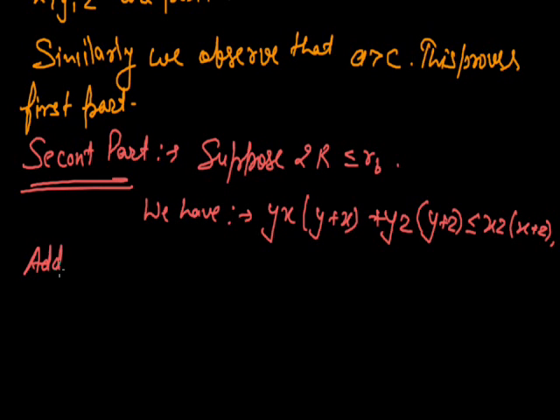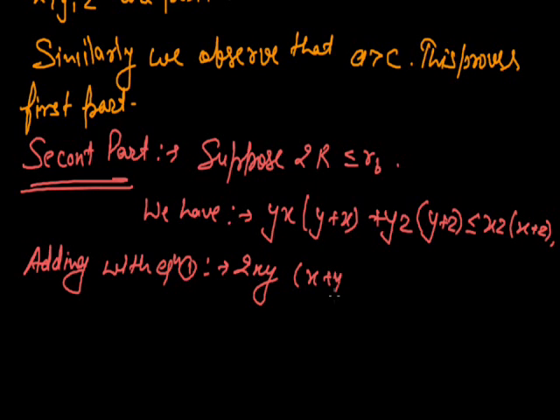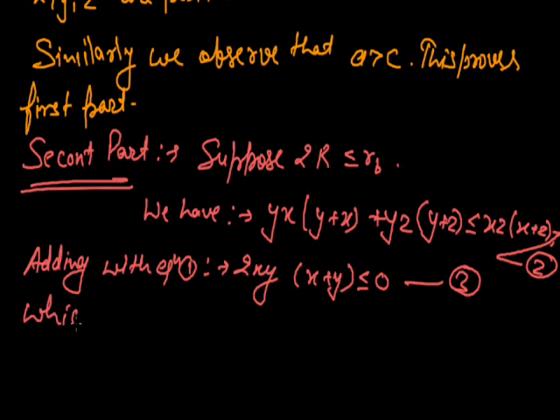Now adding this result with equation 1, we have 2xy(x plus y) is less than or equal to 0. Let it be equation 3, which is again not true because x and y are positive. So our assumption was wrong, and we can say that 2R is greater than r_b.